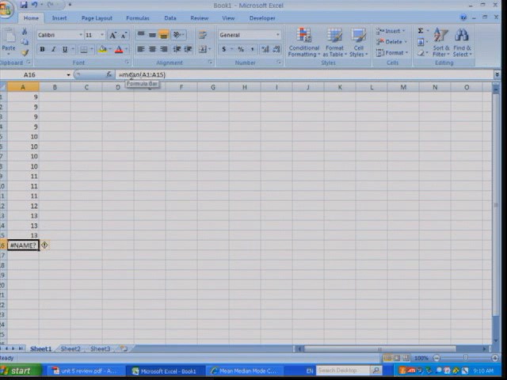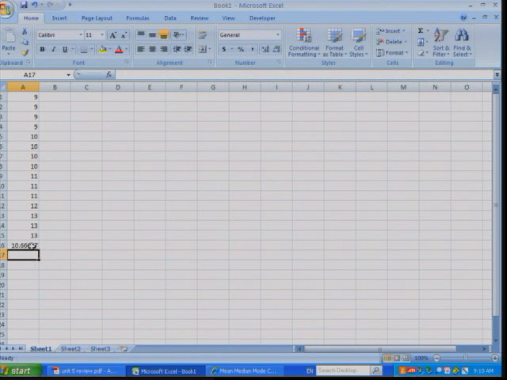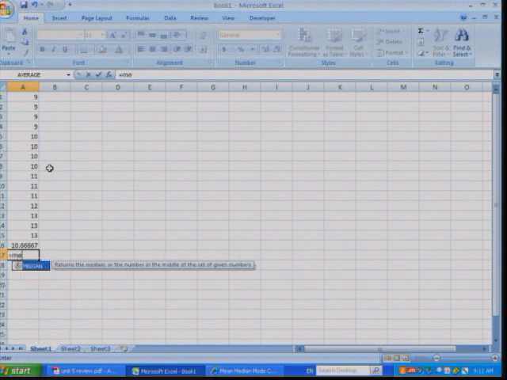Oh, it likes the word average instead of mean. So if you calculate the average, you'll get the 10.67. And then you can do the mode and the median. You can do equals and then median.